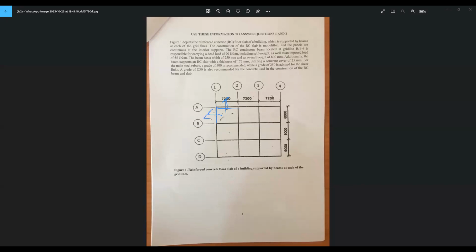I jumped from this end, it also pushed me out of the whole slab formation. So these two edges, the longer edge here and 6,000, which is the shorter edge, lead me out of the whole slab formation, and they are discontinuous.